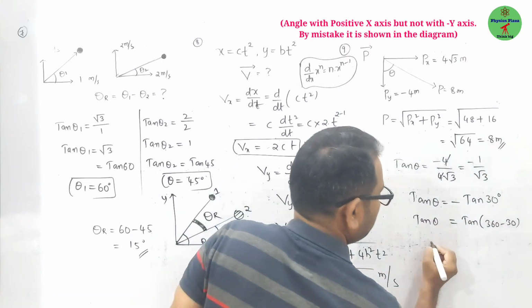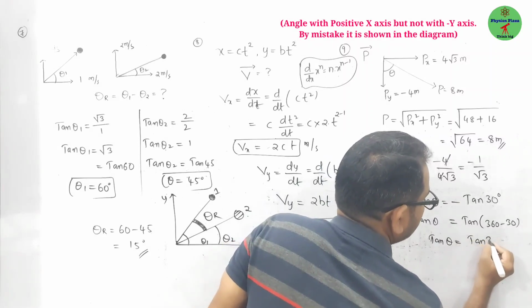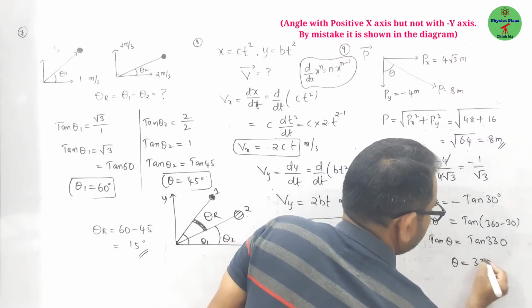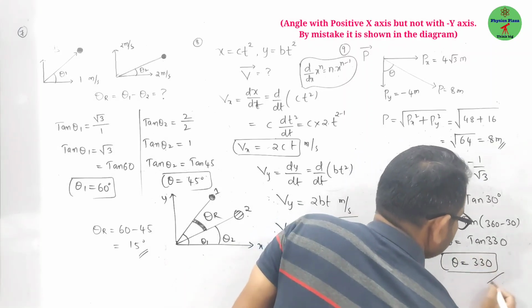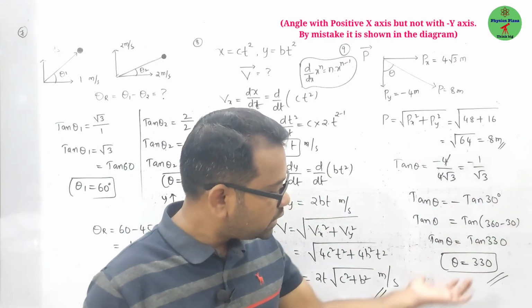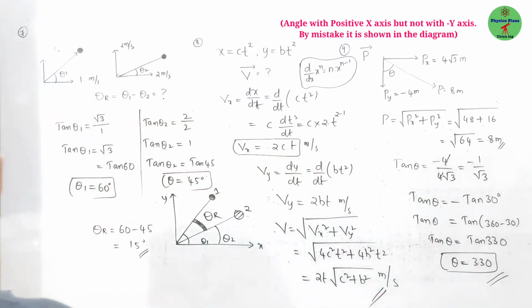Now tan theta is equal to tan 330, so theta is going to be 330. That's it. This is how we can calculate the angle of the resultant vector. Clear? Copy it. We'll move further.